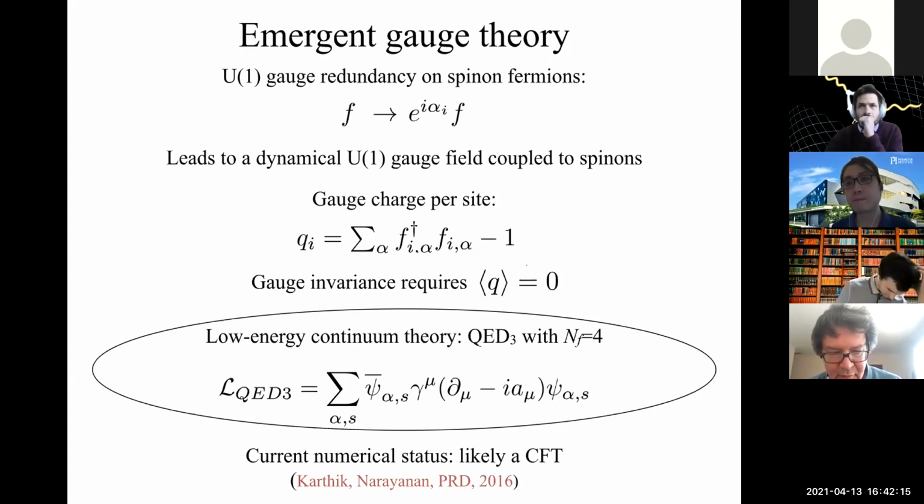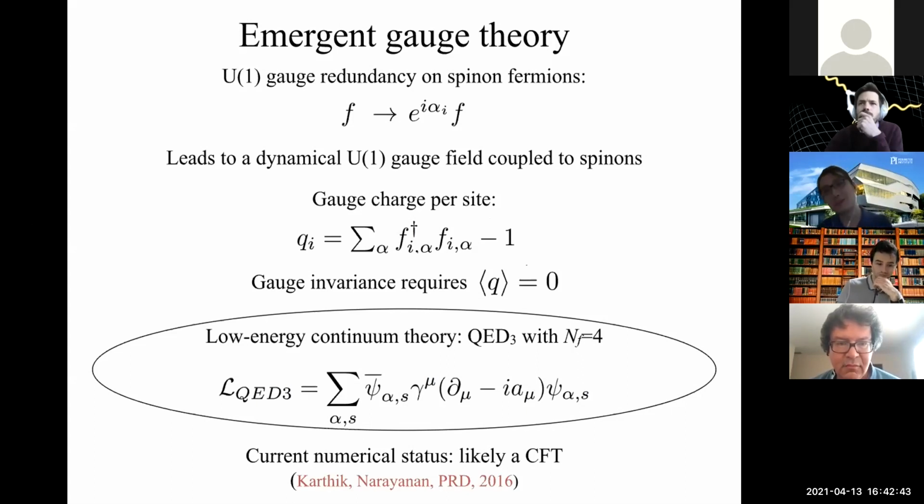So maybe let me rephrase. You don't need to rely on mean field for this conclusion, right? Or you do rely? I do. When I say a lattice gauge theory, what I mean specifically is that I start from some free fermion on the lattice, and at the lattice scale, weakly coupled to the U1 gauge field.